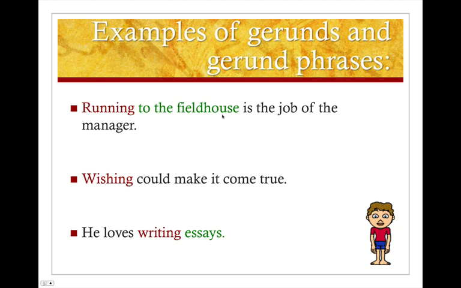Writing essays is the entire gerund phrase, and it is used as the direct object because it is what is loved. If I put the word it in there, it would be very easy to see the function of that gerund phrase, wouldn't it? If I said he loves it, then it would be very easy to see, oh, of course, that's the direct object.